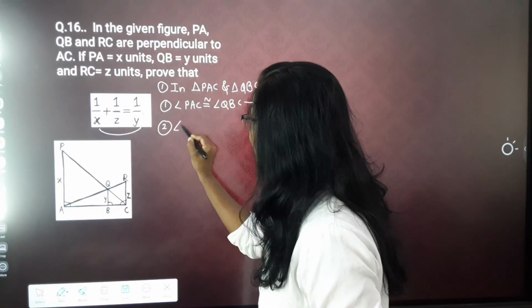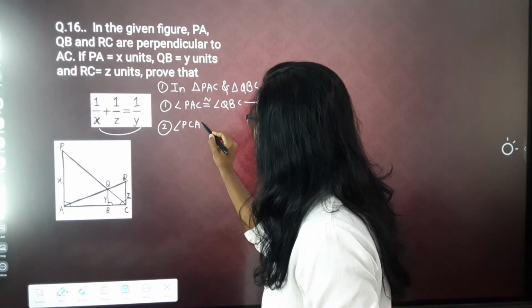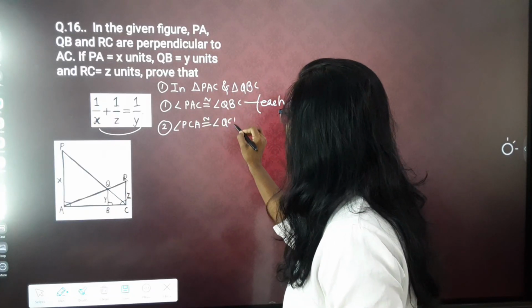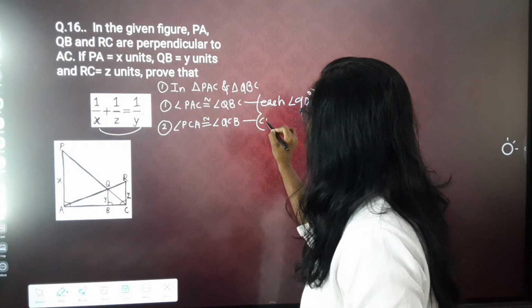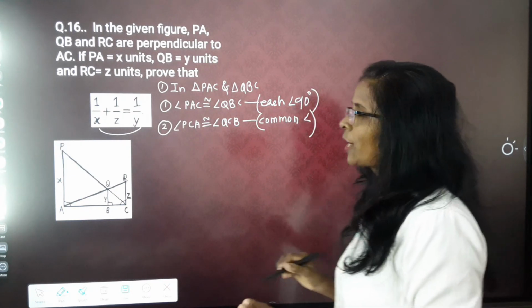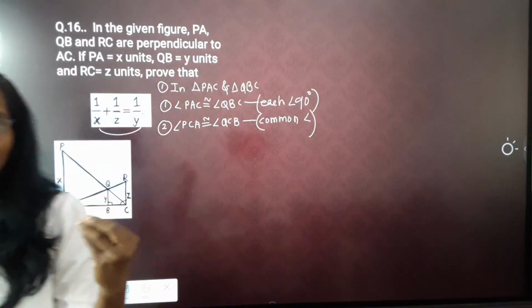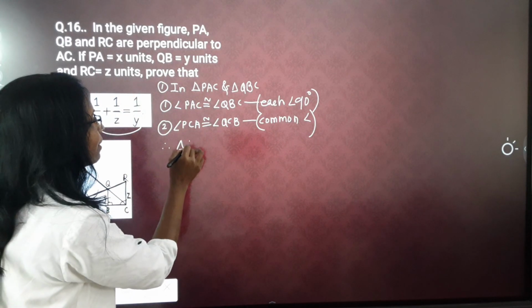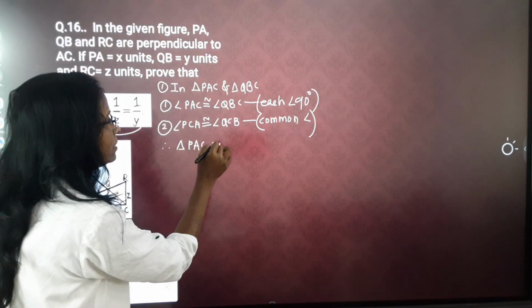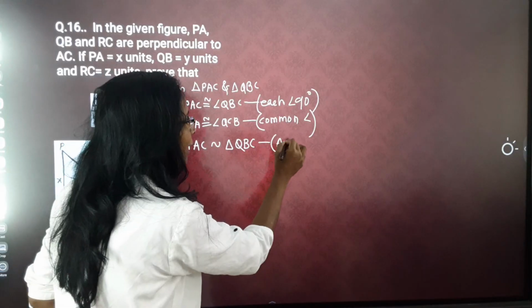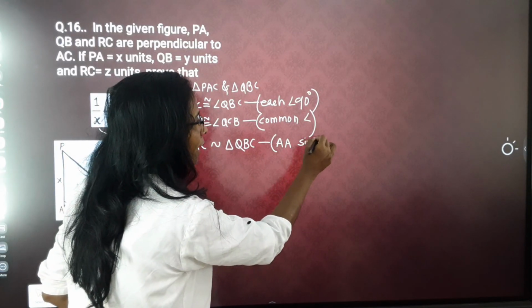So angle PCA is congruent to angle QCB, and the reason is the common angle. So we have the two angles that are congruent, and therefore we can say that triangle PAC is similar to triangle QBC by the AA similarity criterion.